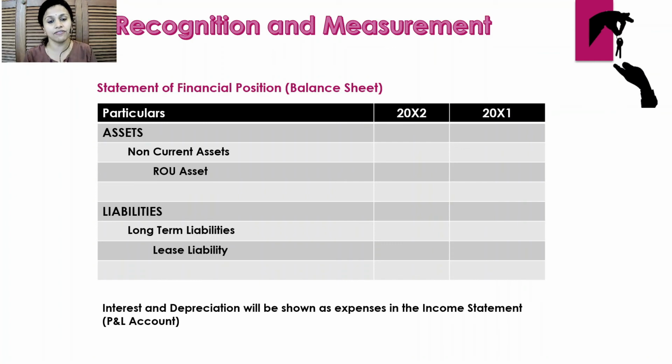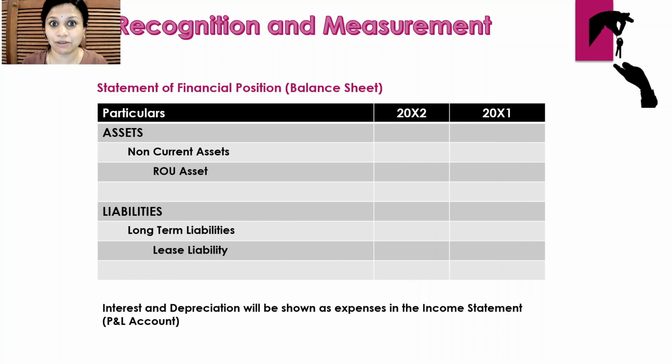But of course, if the value is valid only for a period that is less than a year, then it would come under short-term assets and short-term liabilities. The interest and the depreciation relating to this lease is to be expensed out in the income statement after making adjustments to the value of the ROU assets and lease liability.